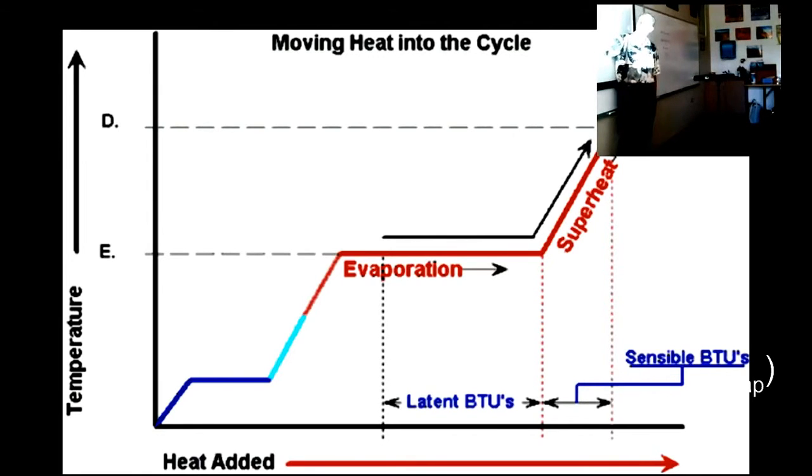Then it is liquid. You add more heat to it and the temperature rises. This is sensible heat. And then you get to the vaporization point or the boiling point and you keep adding more thermal energy, but this is latent heat again, and you're adding thermal energy while it's boiling. And then you get to the point where it's all steam or all vapor, and then as you add more thermal energy, you're now superheating the vapor.